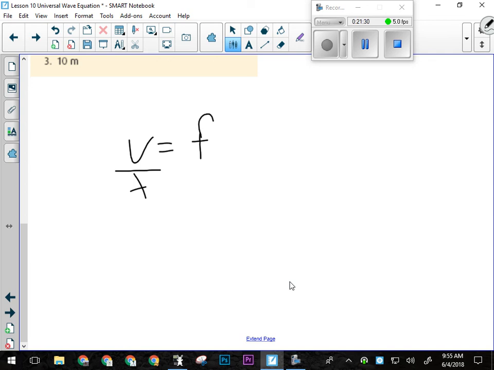But if V gets bigger, what does lambda have to do? If F is never going to change, when V gets bigger, lambda gets bigger. They have to do exactly the same thing. Their ratio has to stay the same. If V gets 3 times bigger, lambda gets 3 times bigger.